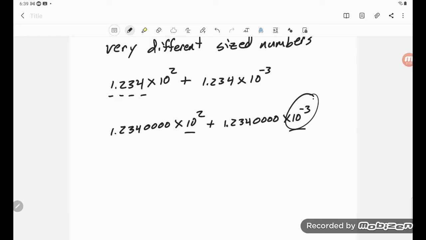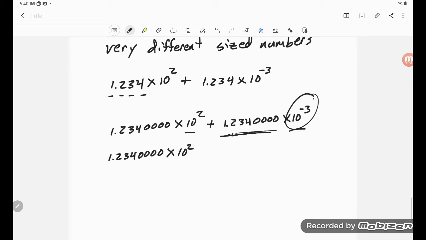So what's this number if I change it to 10 to the 2? All right, so I'll have 1.2340000 times 10 to the 2, or in other words, that's 123.4.